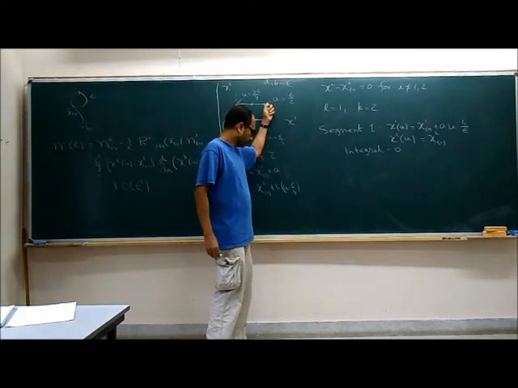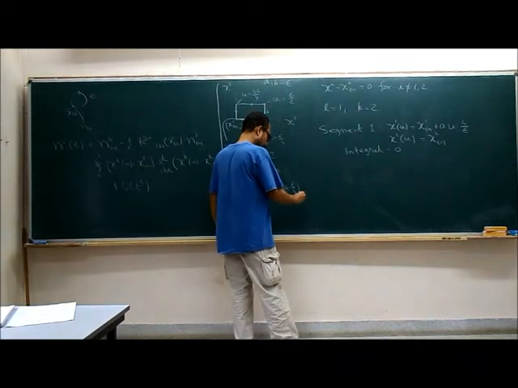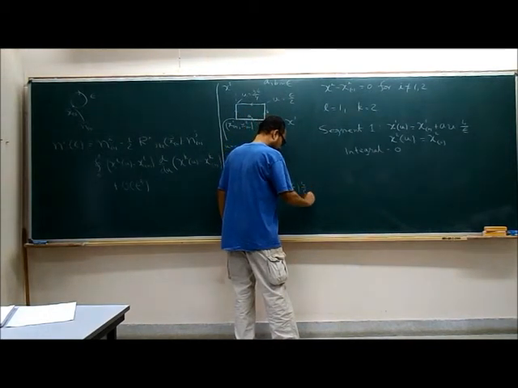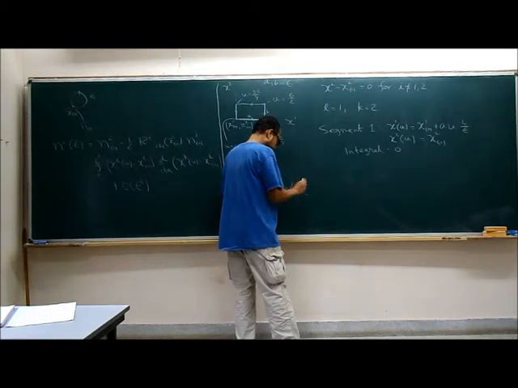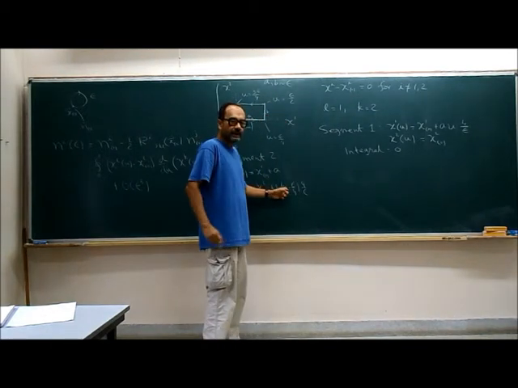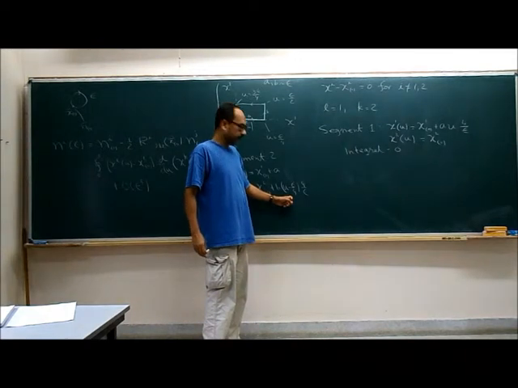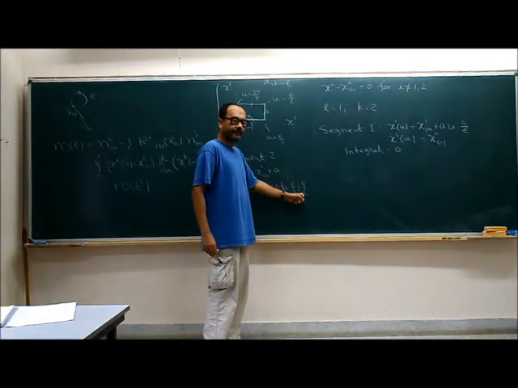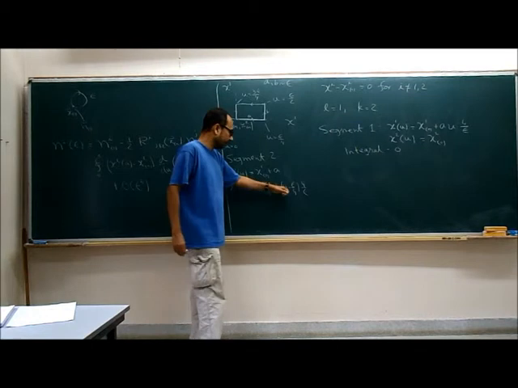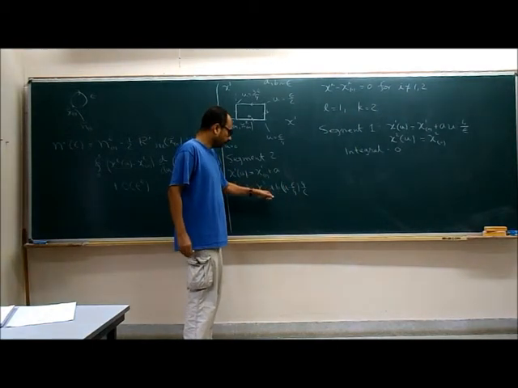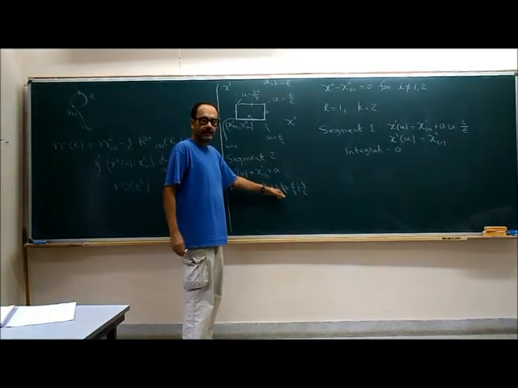So 4b over epsilon times u minus epsilon by 4. Because when u is equal to epsilon by 2, this difference becomes epsilon by 4, so it has to be multiplied by 4 over epsilon, because by the time u goes to epsilon over 2, this must go to x2 naught plus b.